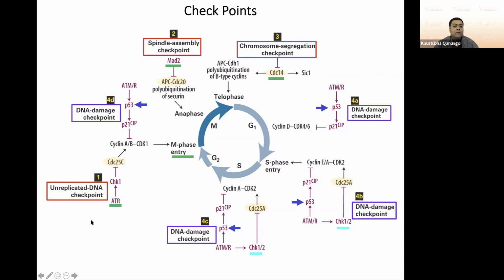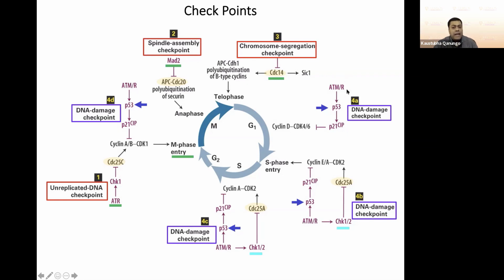And then you have the 3 DNA damage checkpoints, and this is much easier to understand because all of them work the same way. It works through this ATM/ATR complex, which activates the P53. Absolutely remember that. That is called the guardian of the genome, which is very unstable. So it is constantly being produced in the cell and it gets degraded.